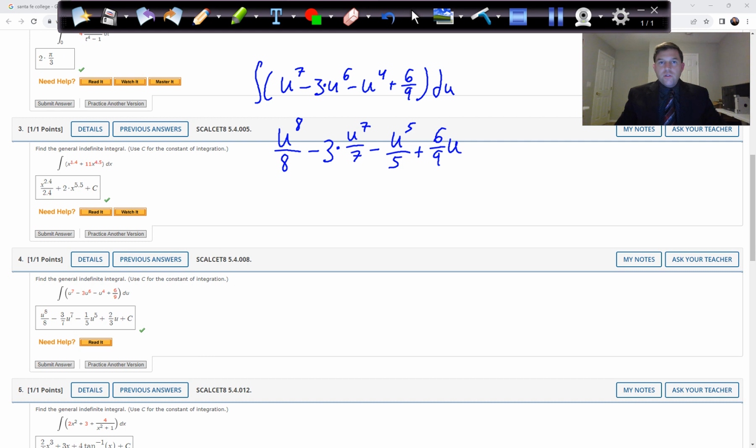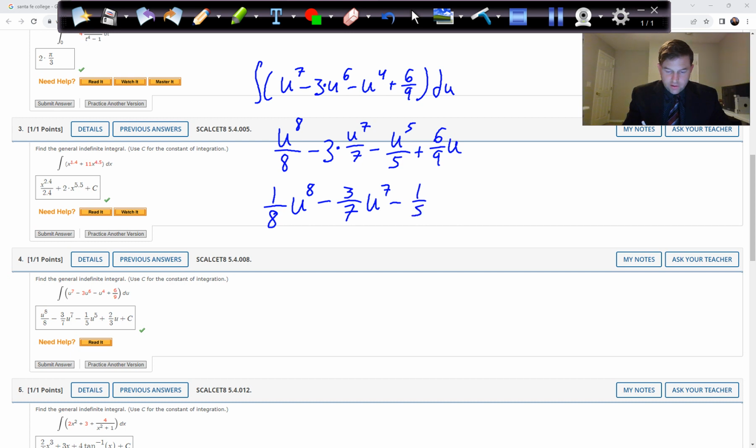If our variable is u, the constant 6 over 9, just a number, when you take the integral of that, you just add the variable to it. So 6 over 9 becomes 6 over 9 times u. The only thing I did here to make it a little easier to see was write these fractions next to the variables.